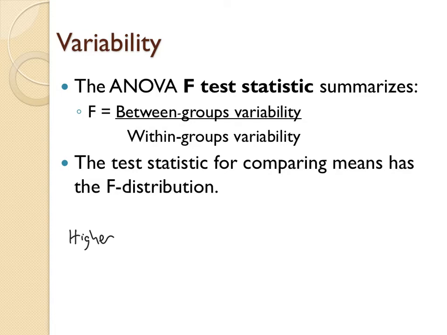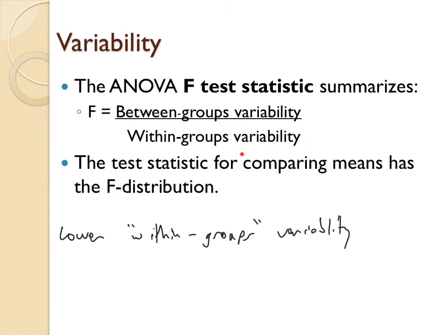So what we just said from the example is, well, let me say it the other way around. If you have low within groups variability, so that would mean you're making this denominator small.